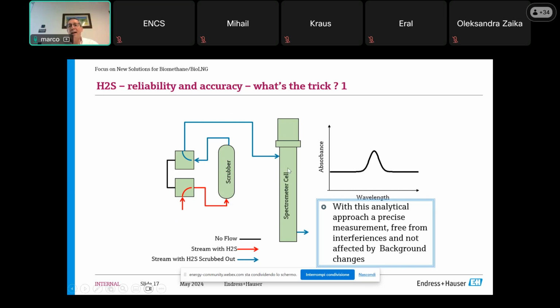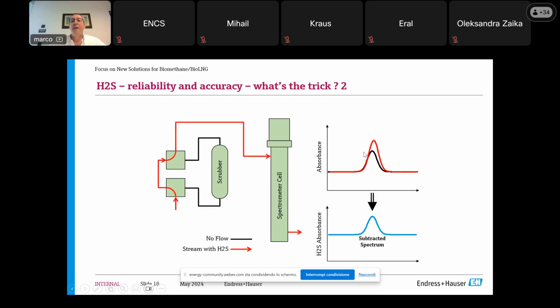The firmware of the analyzer stores in memory the wavelength, the profile. Immediately after, the solenoid is switched again, and the gas is sent as it is, so without any filtering action, through the measuring cell, and the new spectra is stored.